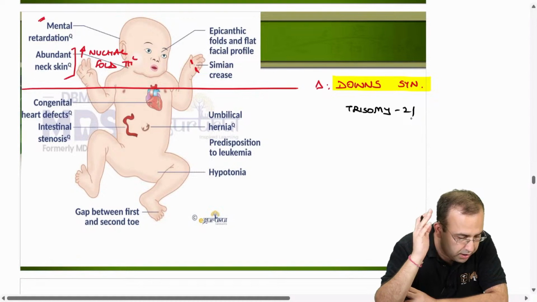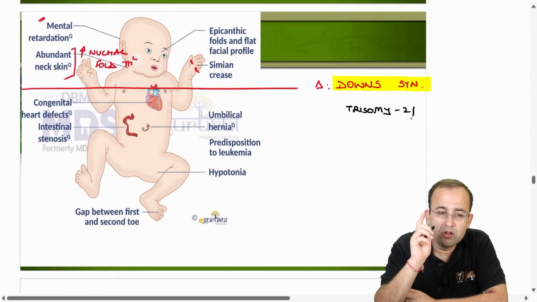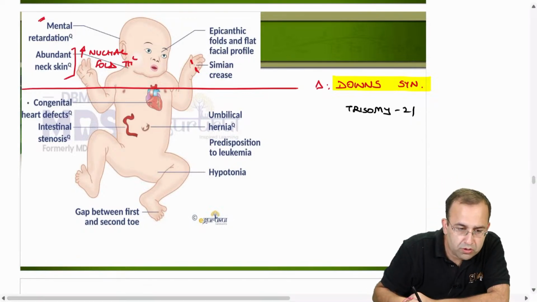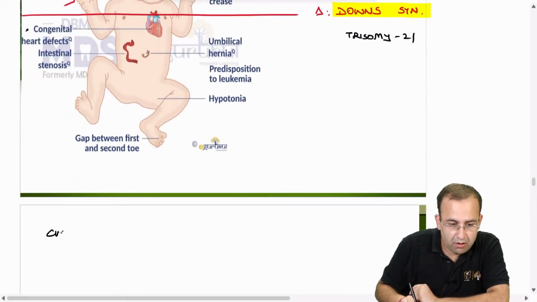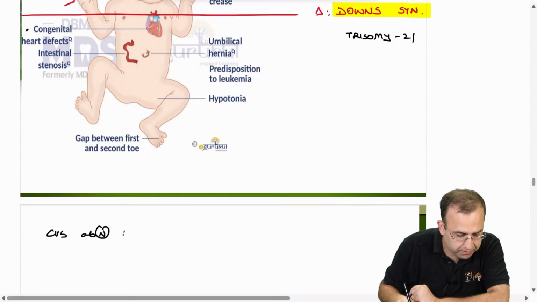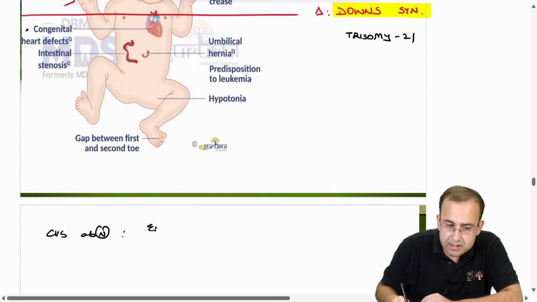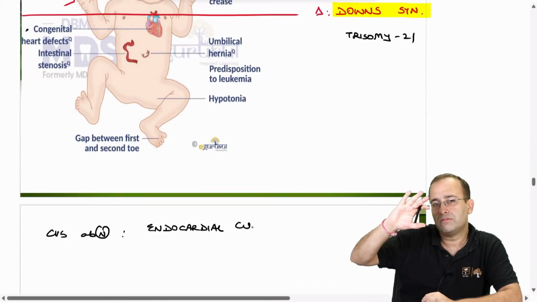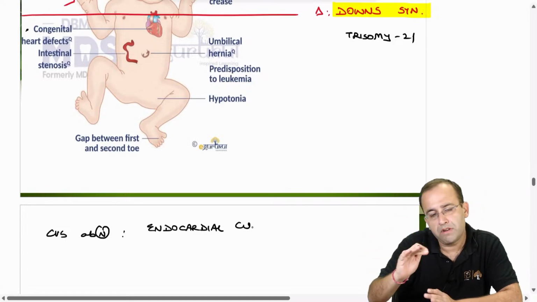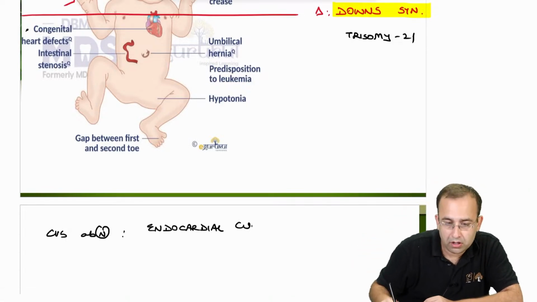Questions are asked on the most common CVS abnormality seen in Downs. They will give the upper 3, 4 points in the history. It will be a history-based question, and the question will be asked from the lower 5, 6 points.